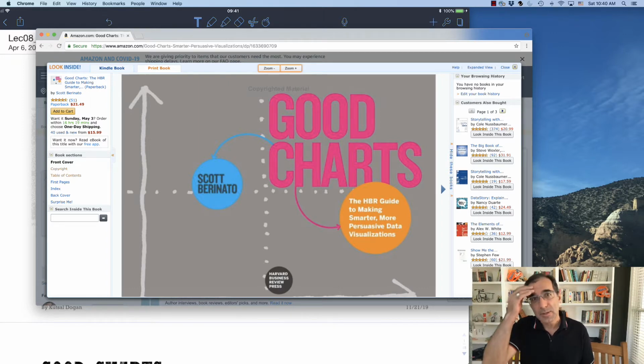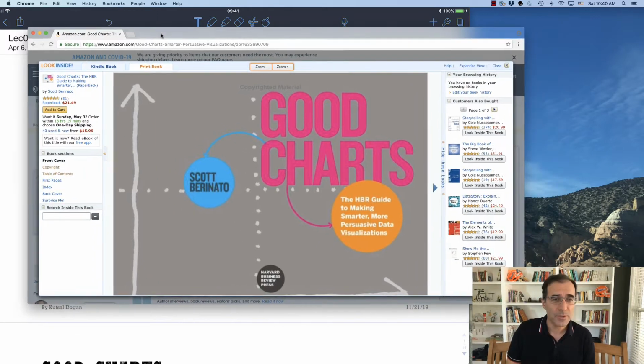His book is complementary to what we have been discussing, especially Edward Tufte's lessons, and it is more on the business side, on how you can use good charts to create and tell stories. So, most of the material is coming from this book.